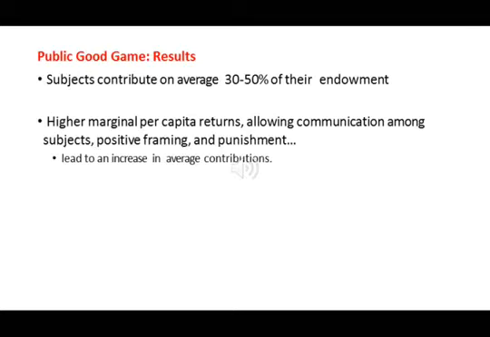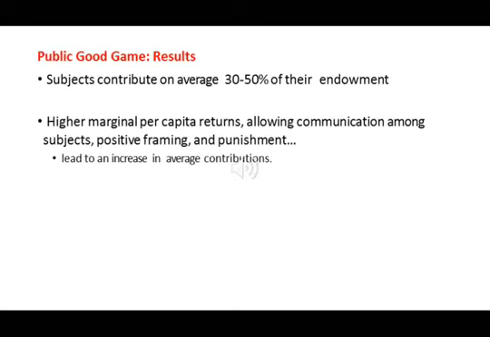So subjects do not contribute the maximum to the public account, and at the same time they do not free ride, most of them. When I give this percentage, I'm talking about a significant number of subjects who played this PGG or public good game in real experiments. So their contributions were on average between 30 and 50% to the public account.